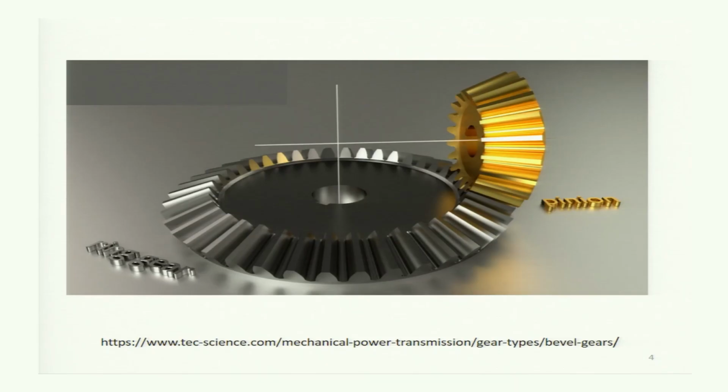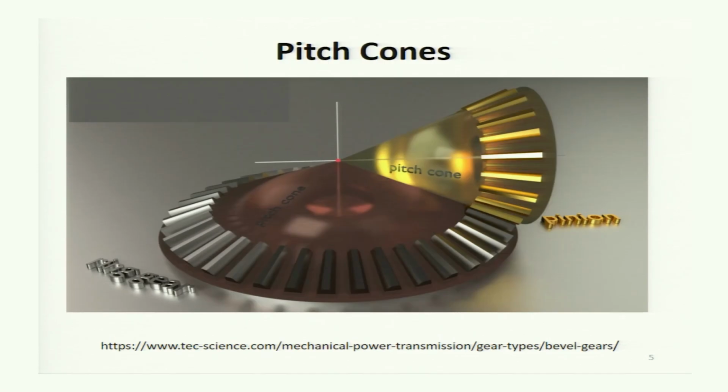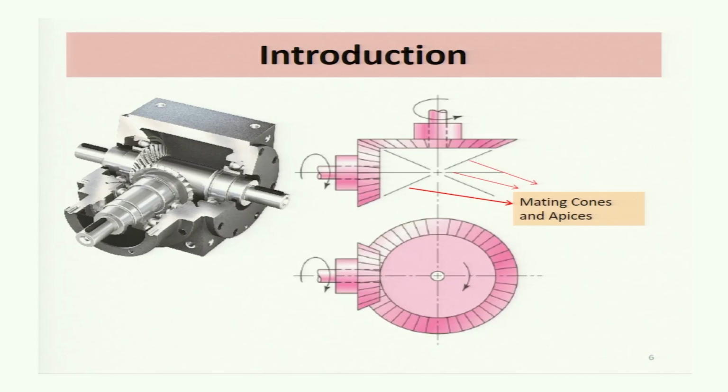This figure is showing a bevel pinion and bevel gear which are cut on a conical blank. This is showing the pitch cones of the two gears. This is the pitch cone of the gear. This is the pitch cone of a pinion. You may see here, these are the mating cones and apices.